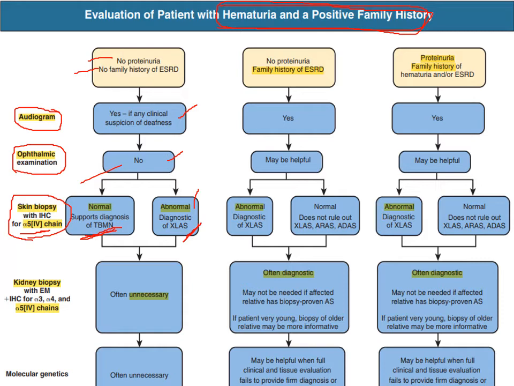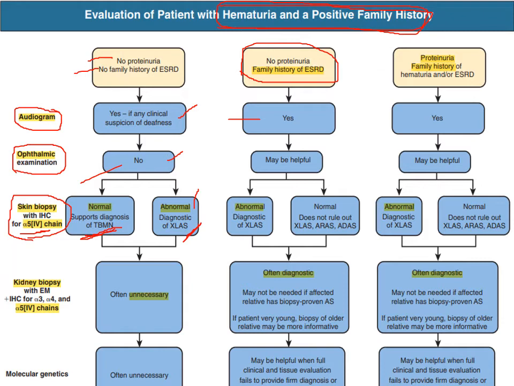The second scenario is a patient with hematuria but no proteinuria, but there is a family history of end-stage renal disease. In this case, you should ask for an audiogram, and it will be helpful. But in some cases, if it is too early in a child, it might not be evident.